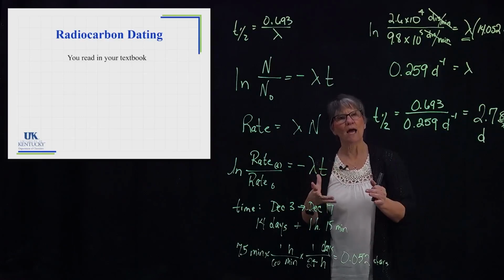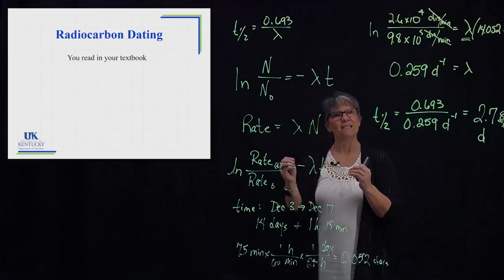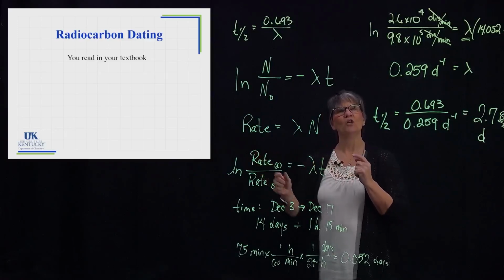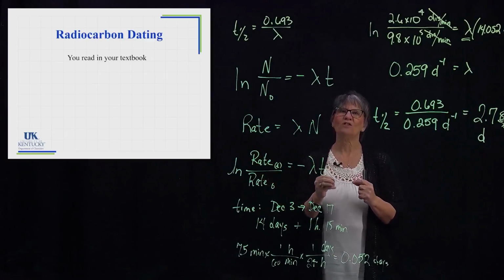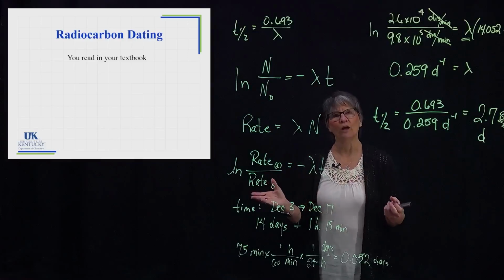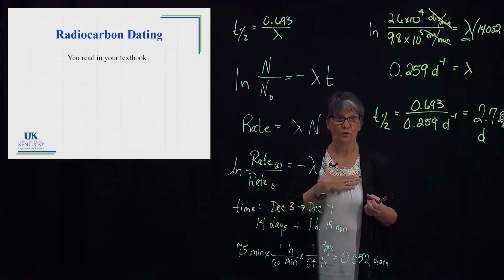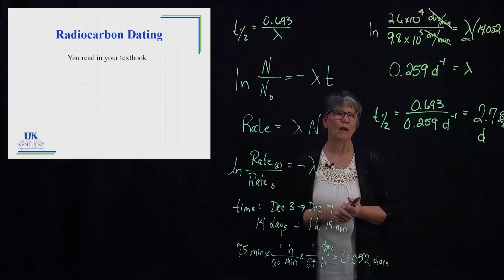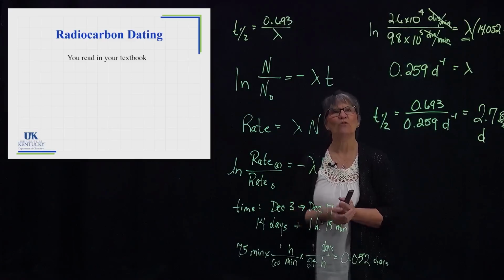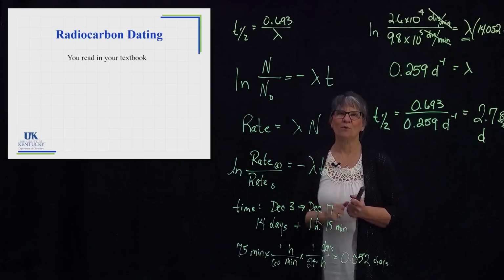But as soon as a living organism dies, you're not getting that replenishment, and the decay starts happening, and based upon how much of that radioactive isotope of carbon is in there, you know how old the object is. So I'm not going to go into anything more, but you should read about radiocarbon dating in your textbook, becoming familiar with how to date an object that used to be living based upon this method.